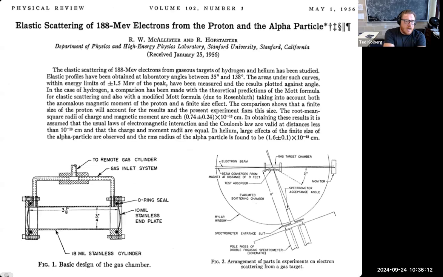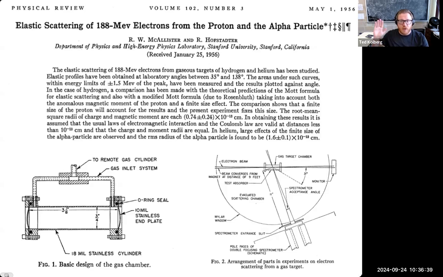This experiment is done. There's a series of experiments starting in the early 50s and concluding by 1956 with this paper, which is called Elastic Scattering of 188 MeV electrons from the proton and the alpha particle. So in the late 50s, the technology for building a linear electron accelerator, which we'll talk a bit more about in a few slides, is starting to be under development.